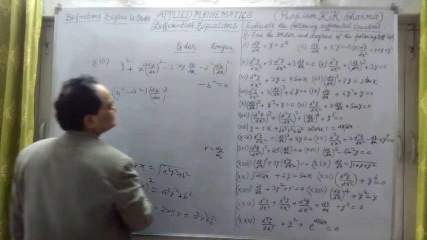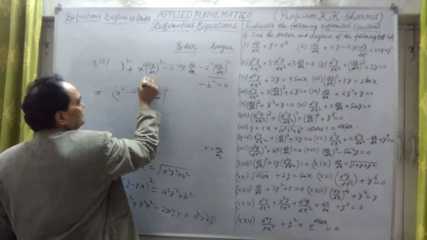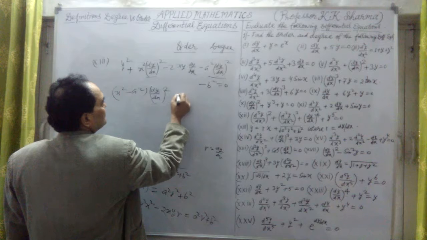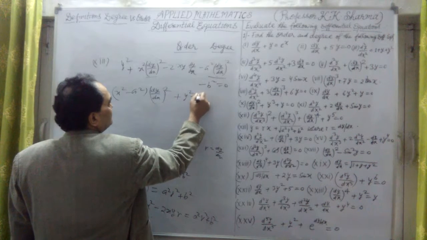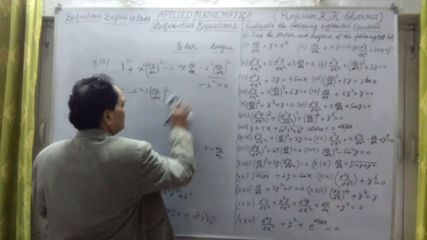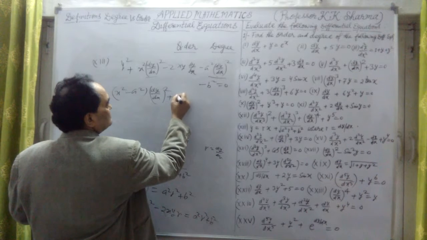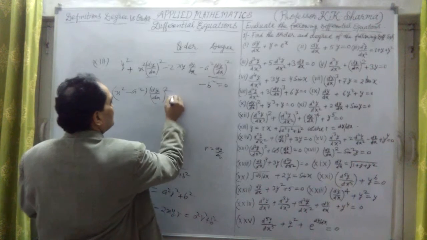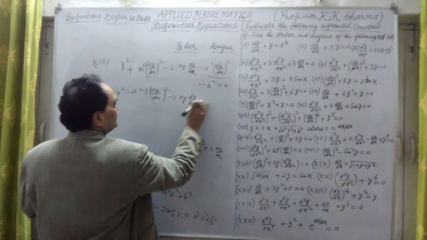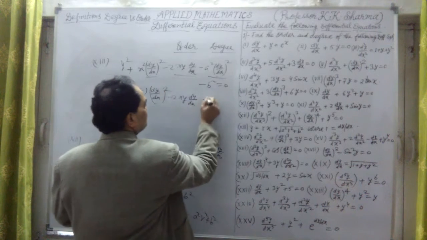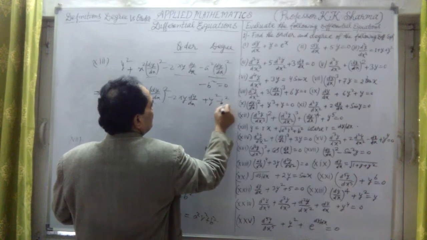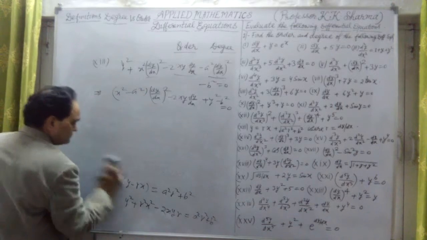Try to understand this term: x square minus a square into d y by d x whole square plus, in standard form, minus twice x y into d y by d x, plus y square minus b square equal to 0. So this is the equation finally.